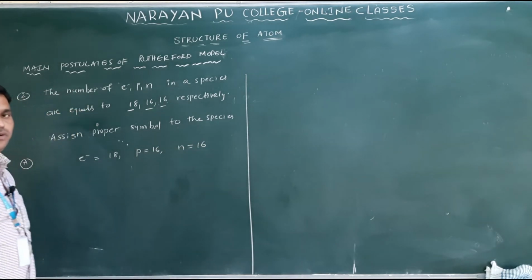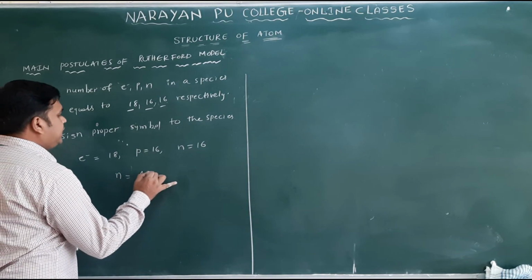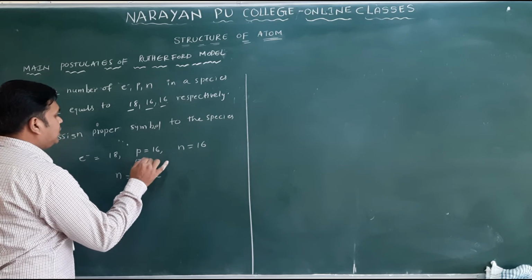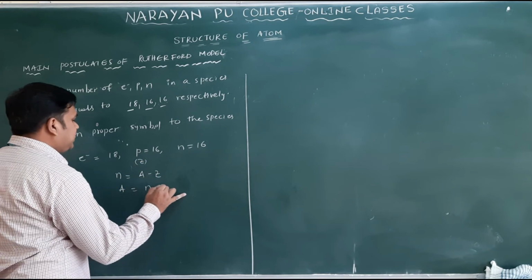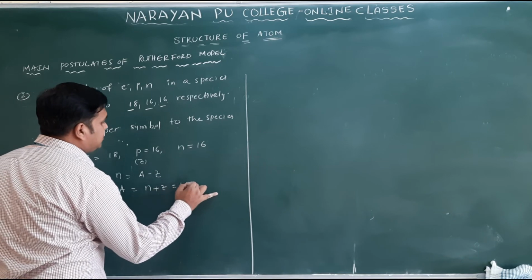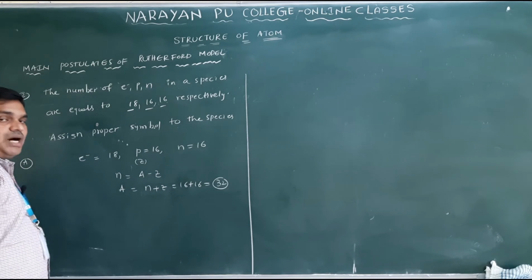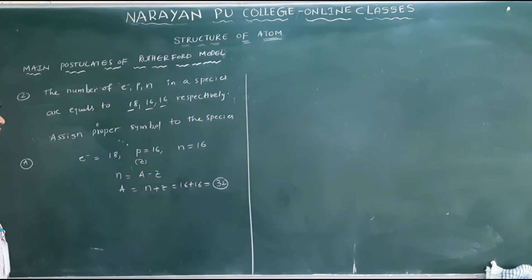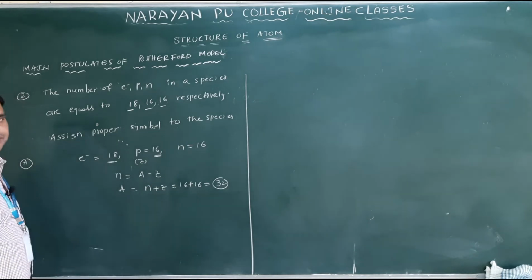You know one formula, N is equal to A minus Z. Taking the proton number as Z, I will write A is equal to N plus Z. So 16 plus 16, that is equal to 32 only. So the mass number you found is 32.